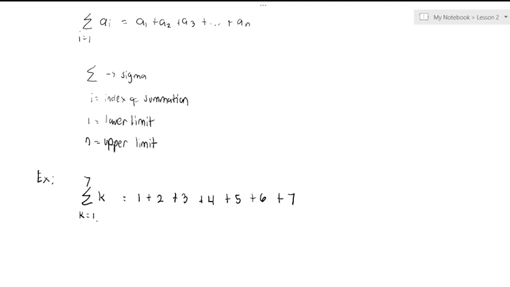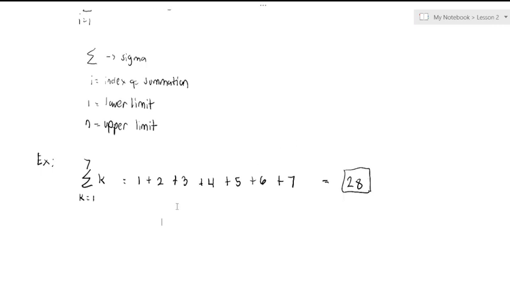So, magsisimula sa 1 sa lower limit papunta sa upper limit. And if you want to get the actual sum, i-add lang natin to. So 1 plus 2, 3, 6, 10, 15, 21, 28. So this is 28.